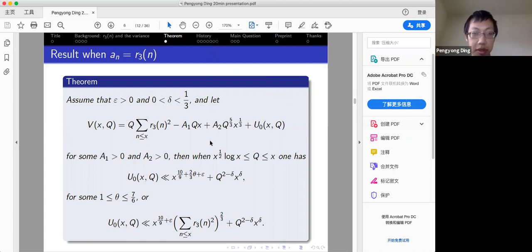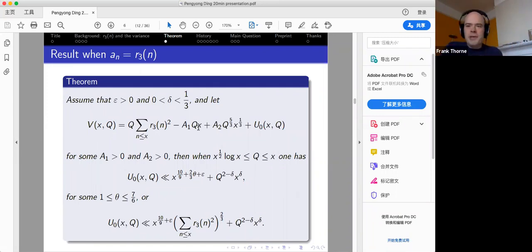It looks like you've got 3 distinct main terms there. Yes, there are 3 main terms.